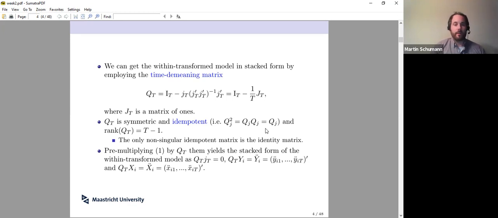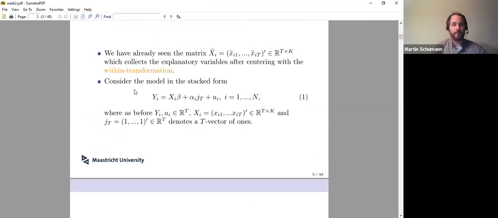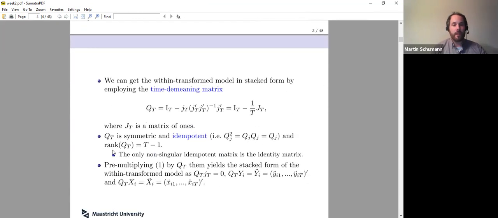Now, this matrix can simply be used to get the within transformed data. You take this matrix and pre-multiply, so you multiply everything from the left, Q_T on the left-hand side and on the right-hand side. Each of these summands on the right-hand side gets multiplied by Q_T. And it turns out that you can actually easily check that.